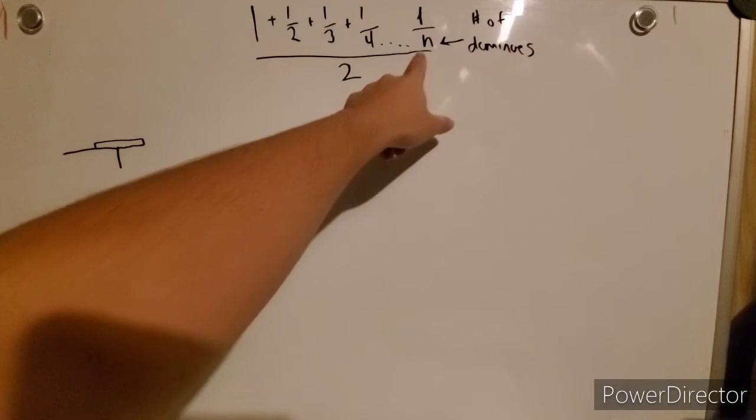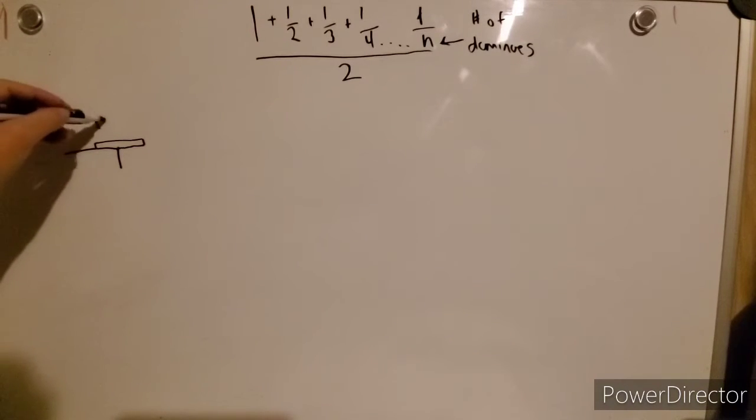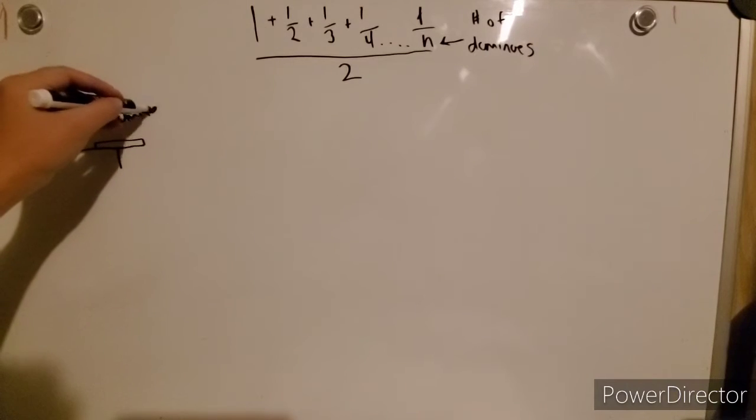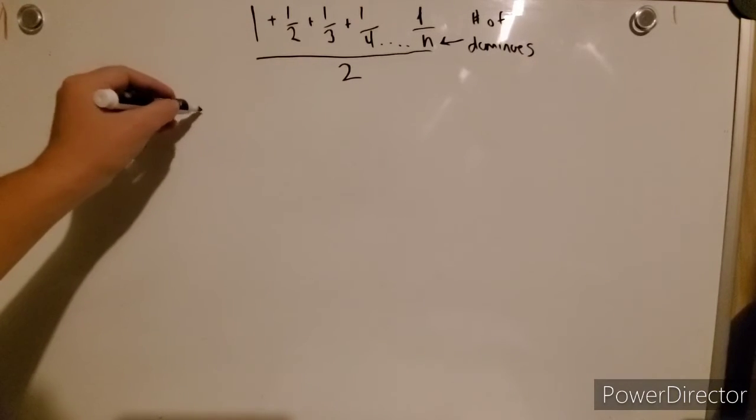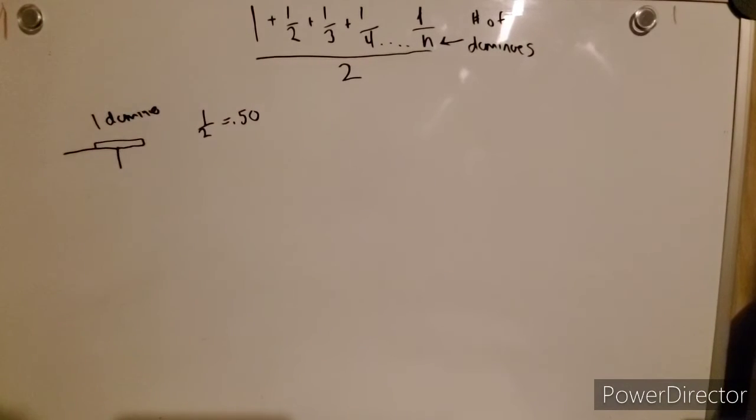Here we have 1 over n, where n is the number of dominoes, and since in this case we only have one domino, we will divide by 2. So we have one domino, it would be 1 over 2, which is 0.50. So our max overhang would be 1/2 or 0.50 for the first domino, and anything more than that, the domino would fall off the edge.